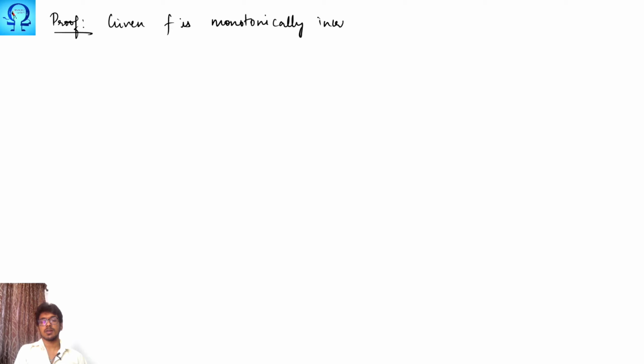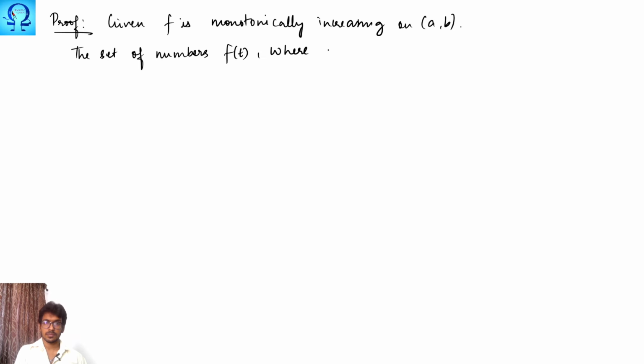Proof: we are given that f is monotonically increasing on (a, b). Now let me collect the set of numbers f of t where t lies between a and x.